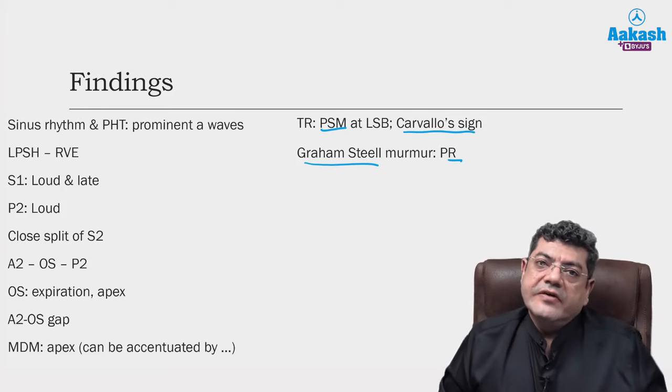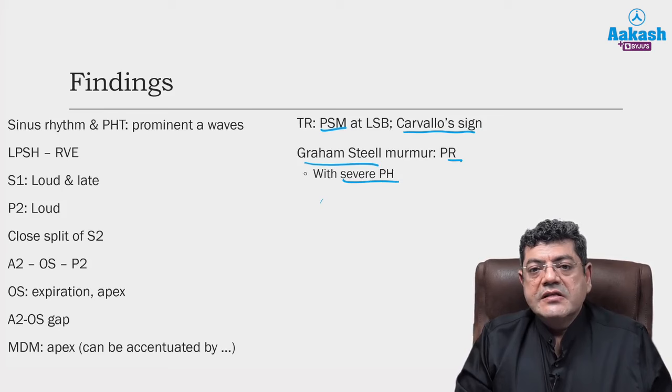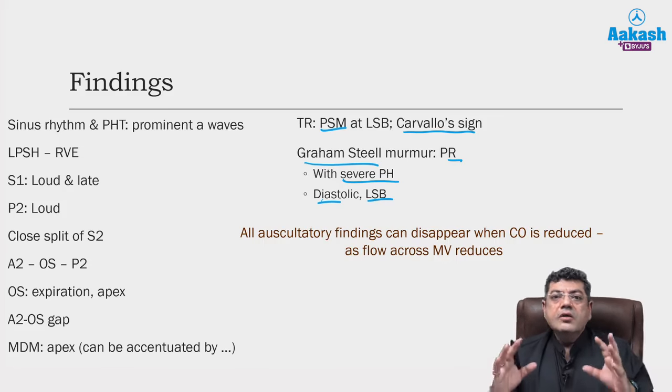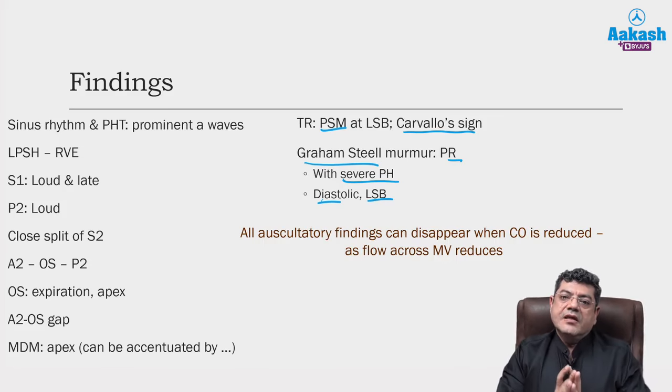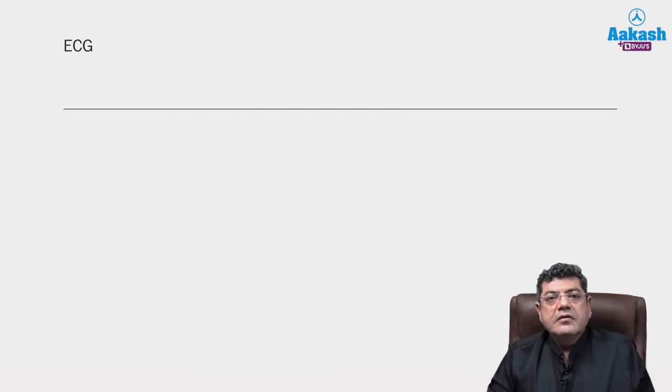That happens when the right ventricle enlarges and fails, and therefore happens with severe pulmonary artery hypertension. It's a diastolic murmur heard at the left sternal border. All these auscultatory findings can disappear or become much less prominent when cardiac output is reduced, because then flow will reduce across the mitral valve.